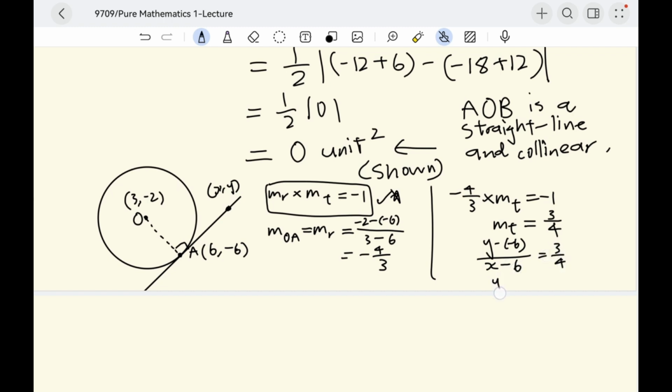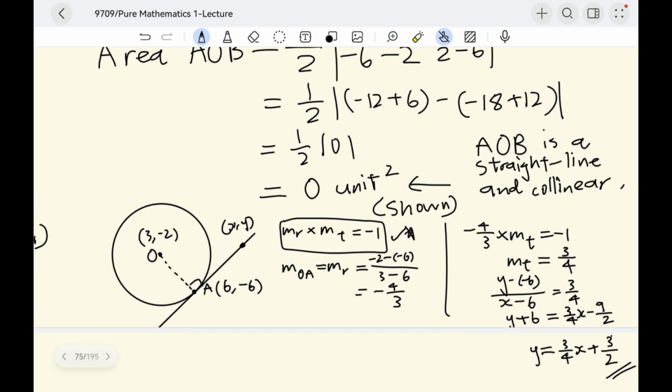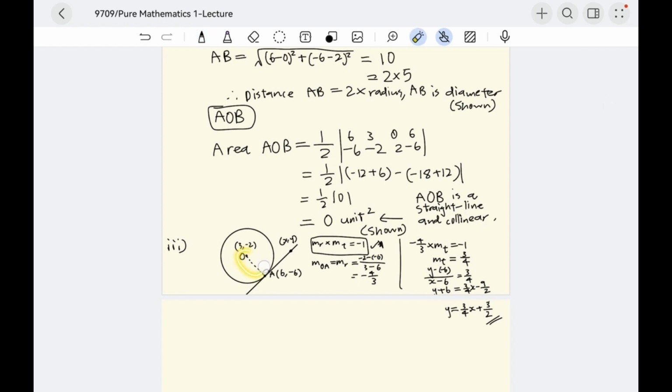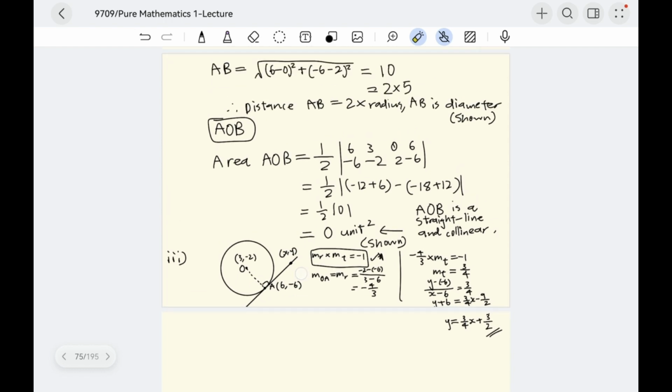So I have y plus 6 equals 3 over 4 x minus 9 over 2. Eventually you have y equals 3 over 4 x plus 3 over 2. That's the answer for the equation of the tangent. Got it? It's just that simple, by relating the radius with the tangent to the circle.